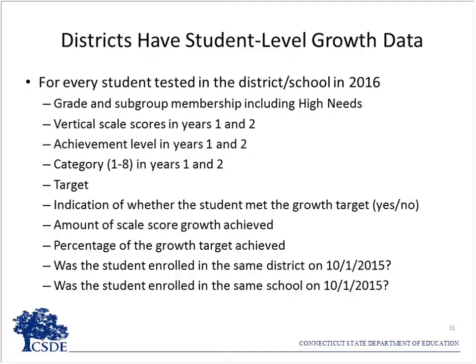A student is included in your district or school's report, let's start with district, if that student was enrolled in your district on October 1 of 2015 and tested in your district in the springtime. So only if they're in the same district on October 1 and at the time of testing is that student actually included for growth calculations.